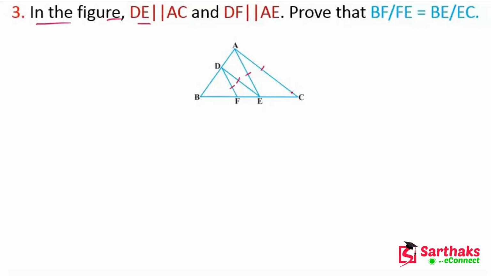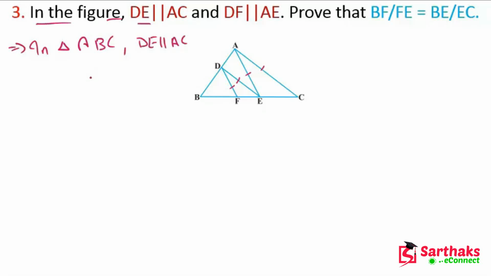With the help of the basic proportionality theorem we can solve a lot of questions, so this is a very important theorem. Now let's do that. In triangle ABC, DE is parallel to AC, which is given.